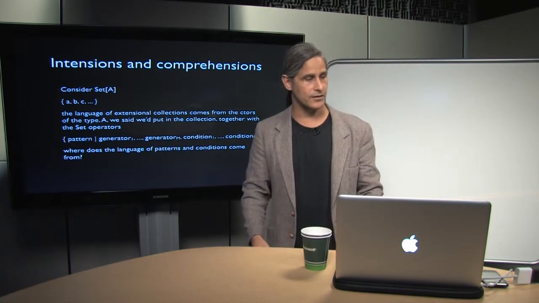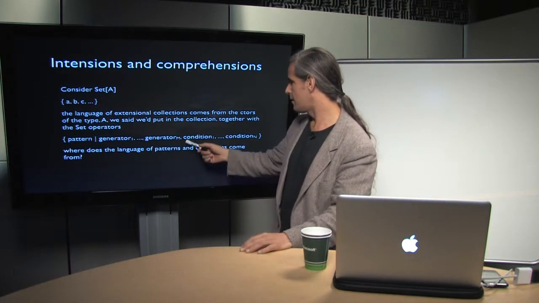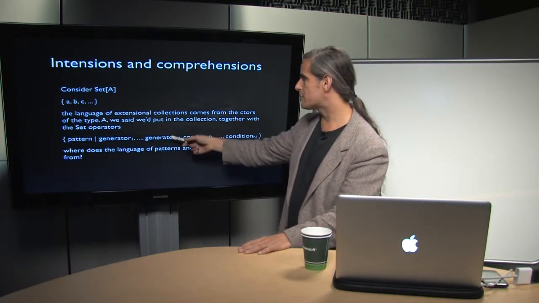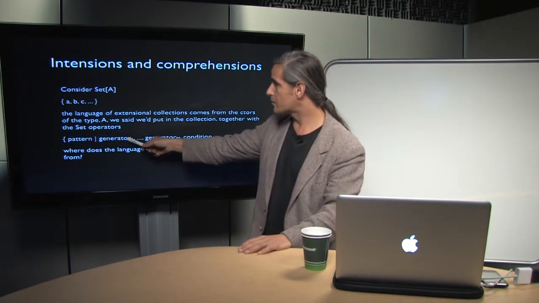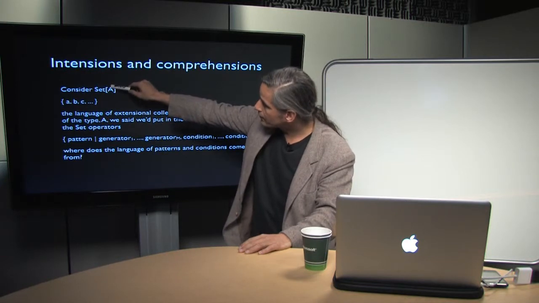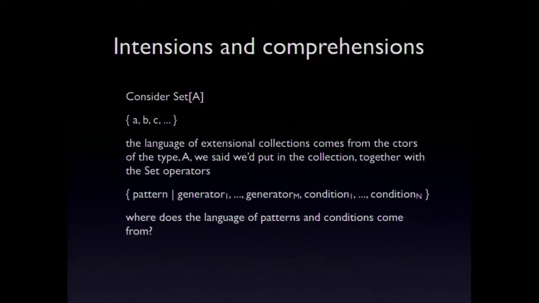But it opens another question. I kind of understand what generator syntax might be like, because this is really coming directly from the constructors of the type we supply for the collection. So if A tells me how to make A's, then I can understand what sort of syntax I might have for generators. But what syntax do I have for writing down conditions or patterns?